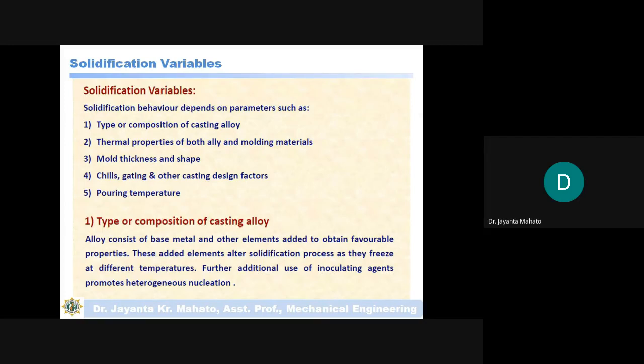And if the alloy you want to cast has a different thermal conductivity, then the solidification rate will change according to the thermal properties of the molding material as well as the cast material, the alloy.